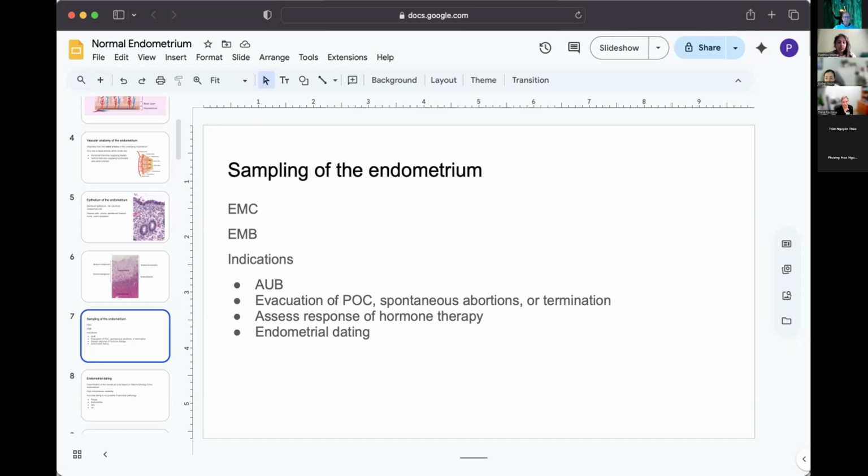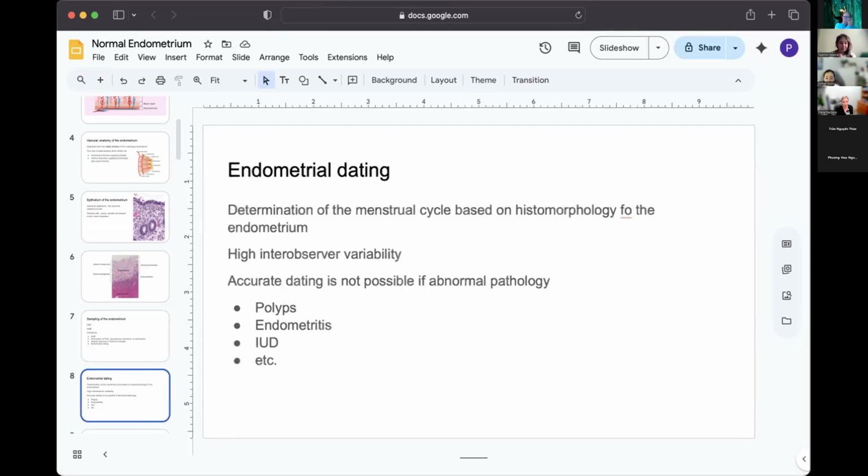But we'll also get samples for when they've done an evacuation after a missed abortion or spontaneous abortion. Sometimes clinicians will send samples to assess response to hormone therapy. And in the practice of fertility workup, maybe even endometrial dating.